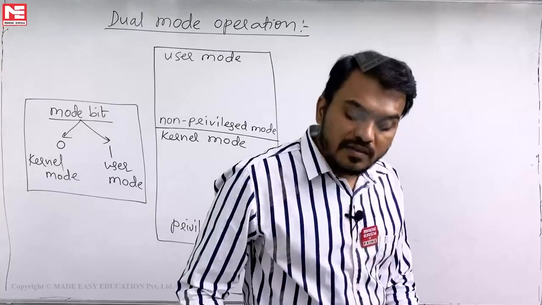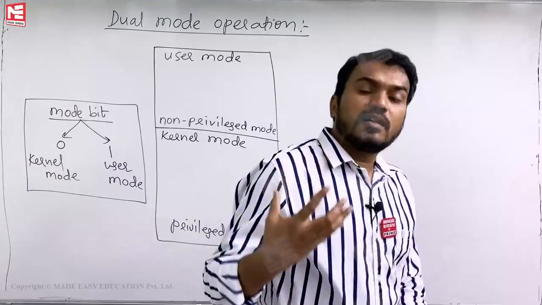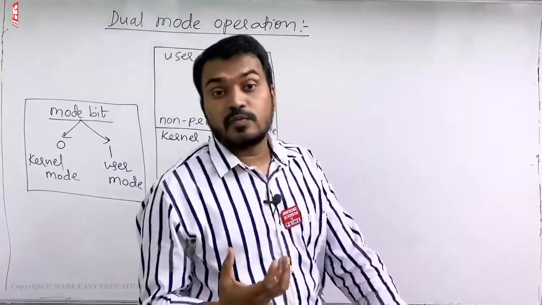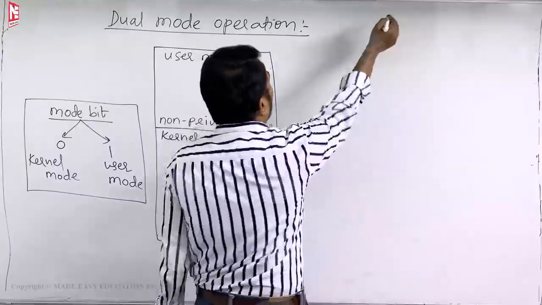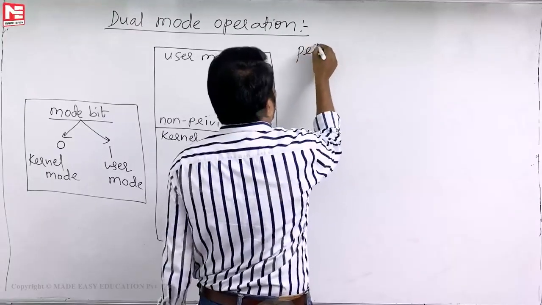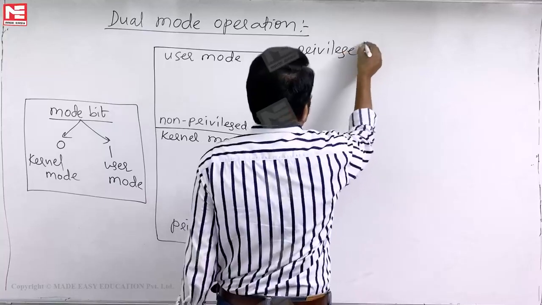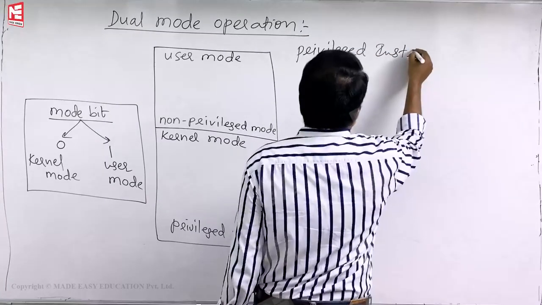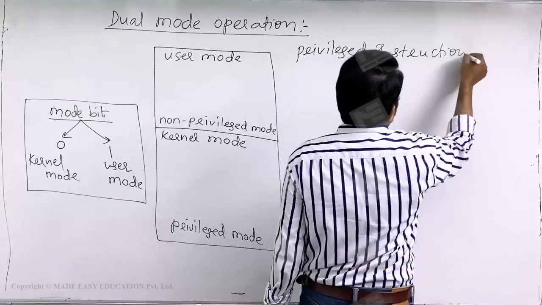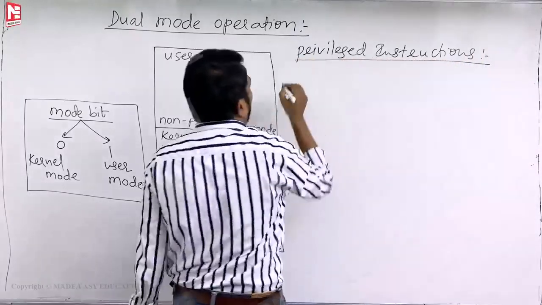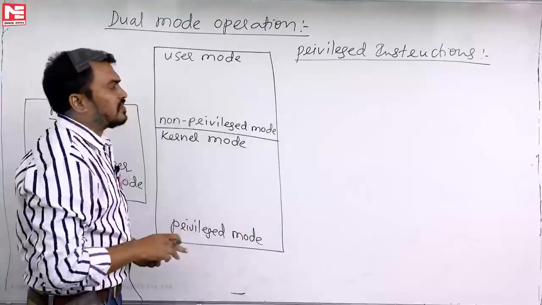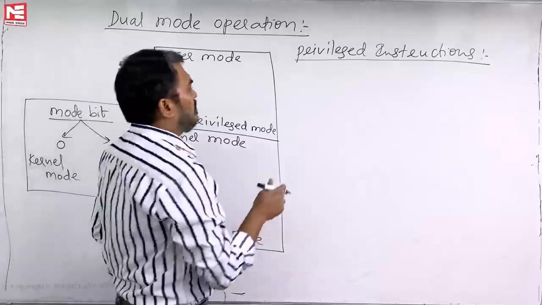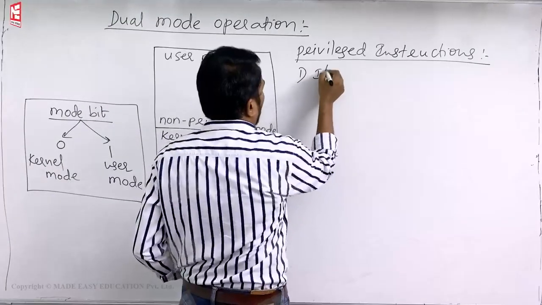Important instructions which require more protection and security. What are the examples? Note down. Keep the heading privileged instructions. Please make a note of this. So which are called privileged instructions? Just listen here. For example, IO operation.